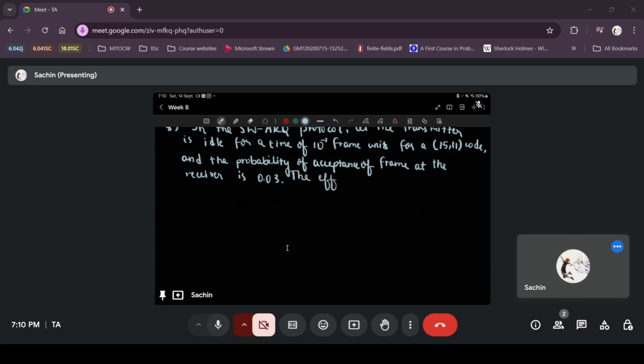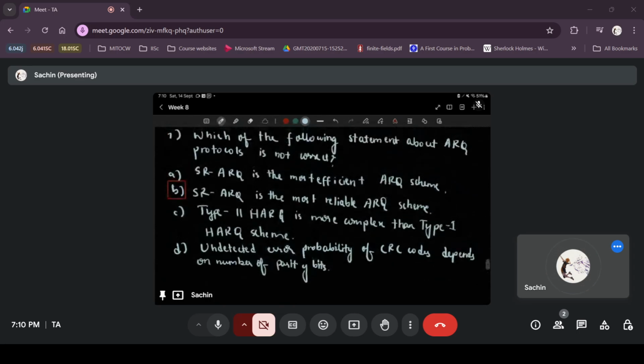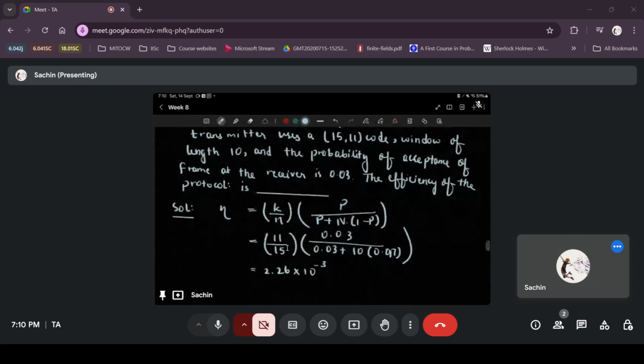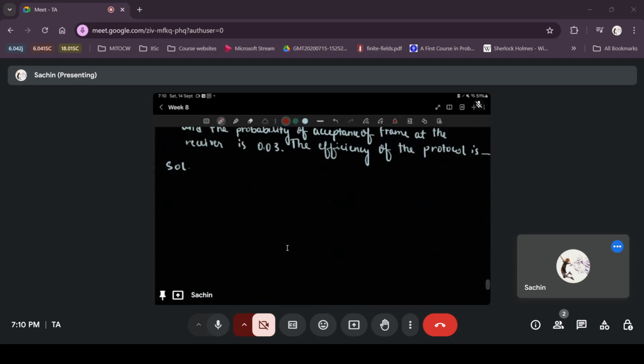The efficiency of the protocol is... Solution. They highlight the solution previously. Eta is different for different protocols.